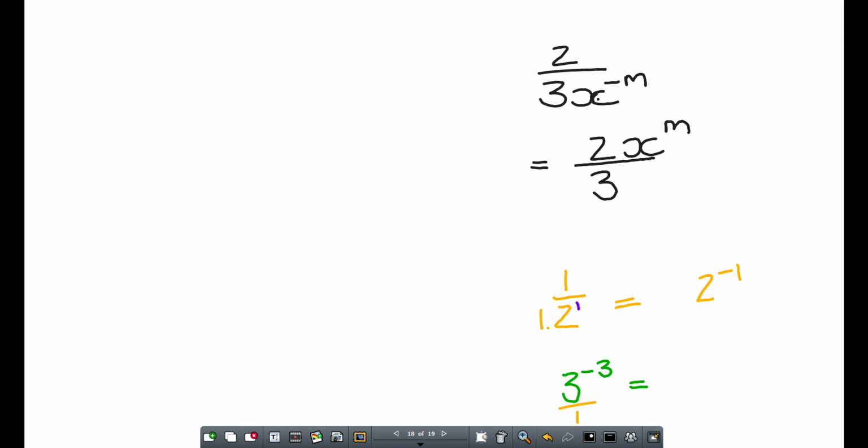So I will then have 1 over 3 to the power of positive 3. The 1 is like a placeholder. I can't have nothing at the top, so instead of writing nothing, I've got to have 1 over.